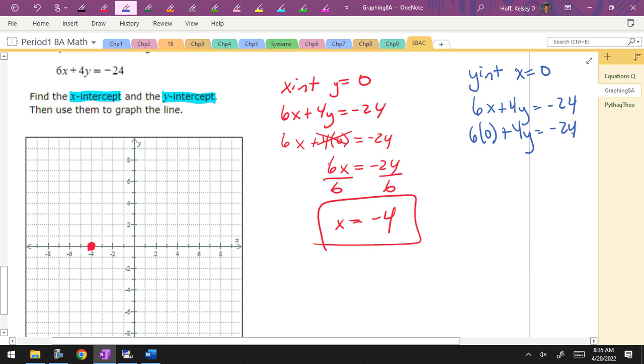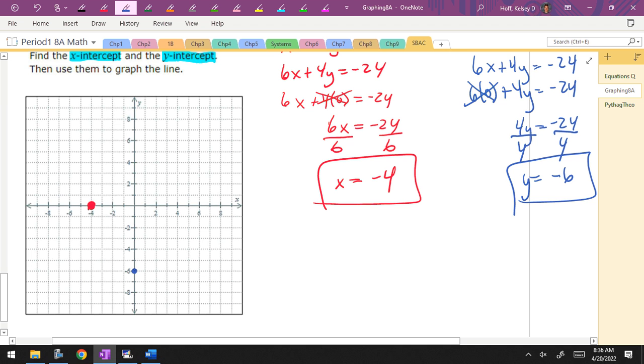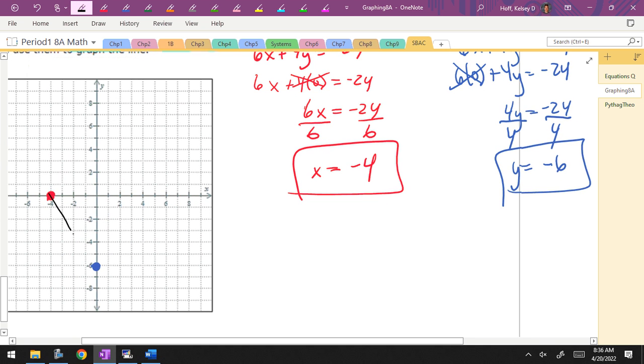What's 6 times 0? 0. Then what should I do? Divide by 4. I get what? Negative 6. Nicely done. So on my y-intercept, or on my y-axis, I put a dot at negative 6. And then I'll be able to take my little Alex tool and connect my points.